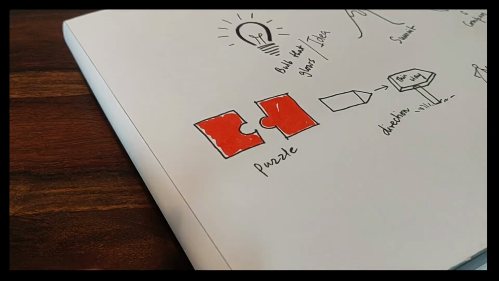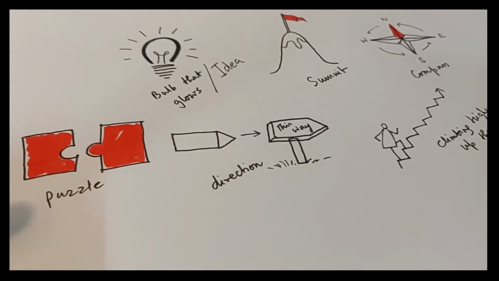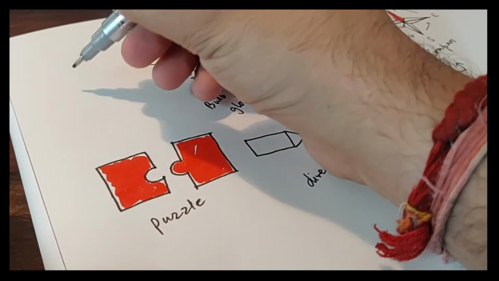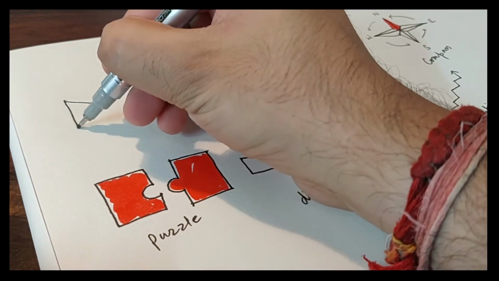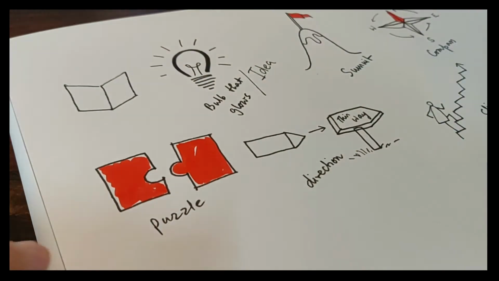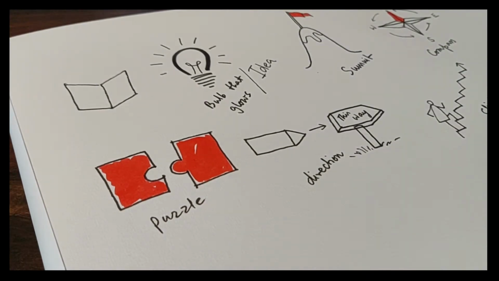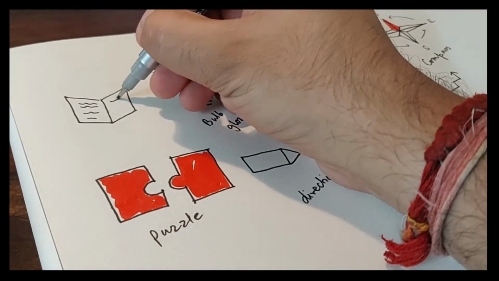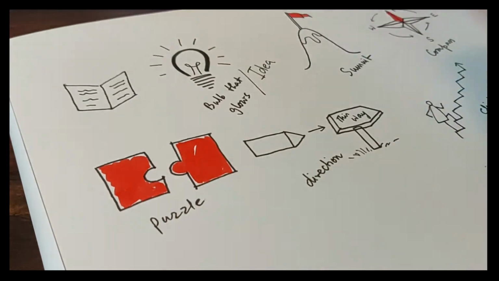Let us create an open book. How do we do that? Very simple. Again, our rectangle shape, 2 rectangular shapes. We write something, we scribble something, just to show that there is something written on the book.